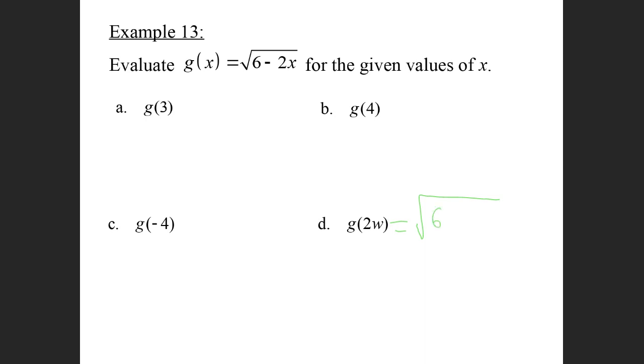You go to x and you replace it with 2w. So it's 6 minus, and you have to apply the product first. 2 times 2w is 4w. So radical of 6 minus 4w.